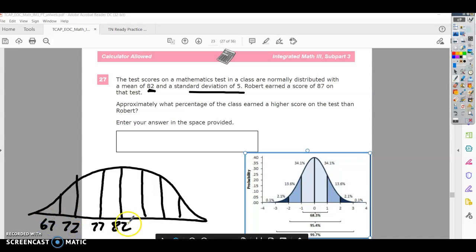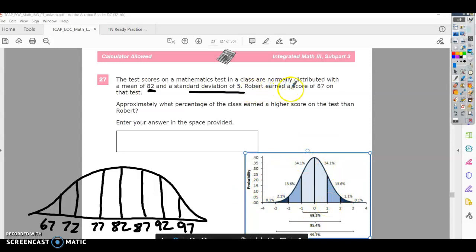And then 82 plus 5, and then plus 5 one more time. Alright, so this is the normal distribution curve for this test.